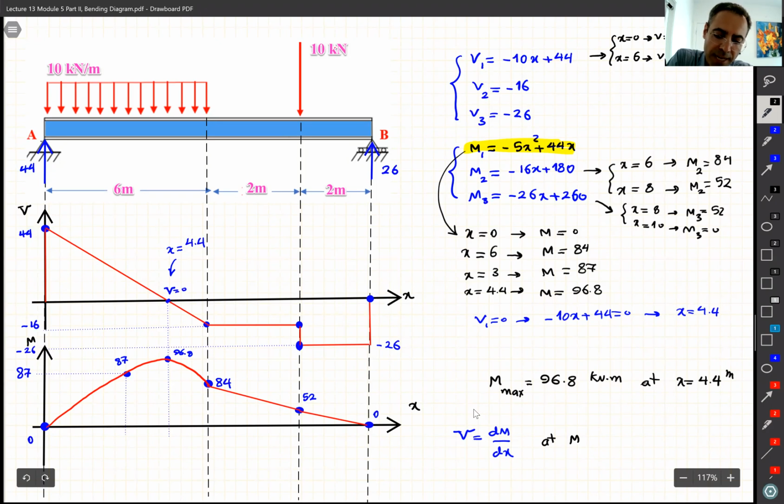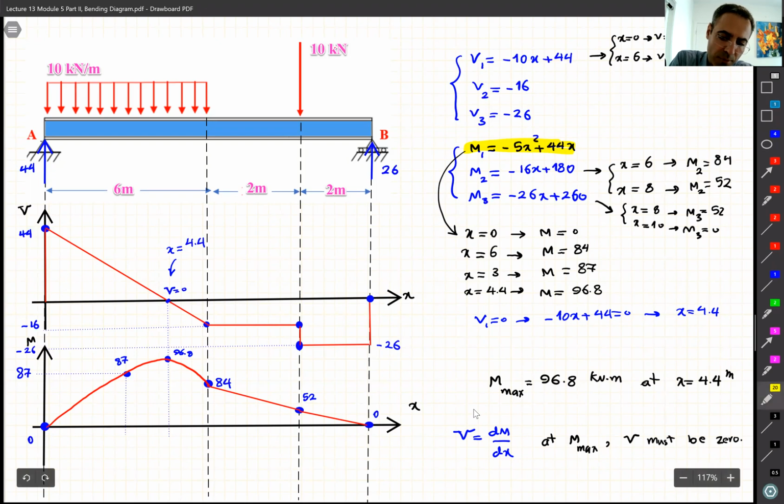So at M max, V must be 0. This is how we actually found this 96.8. And we see at this point V is 0. So everything is matched, the math is correct, the graphs are correct, and so on.